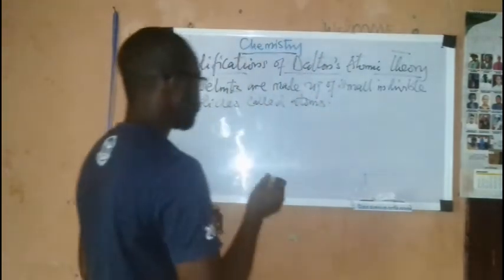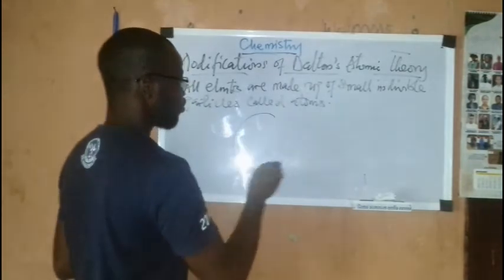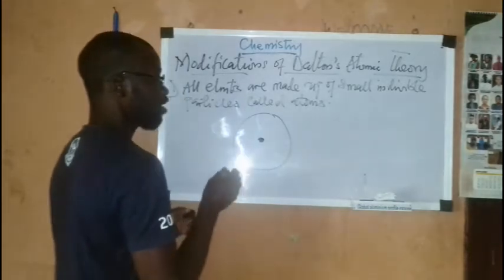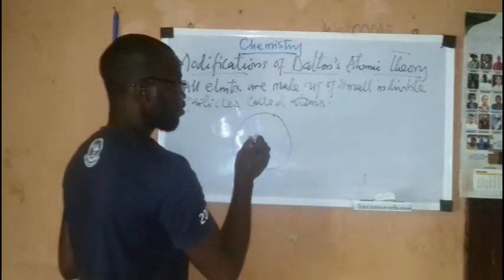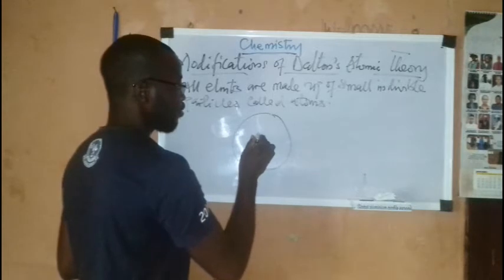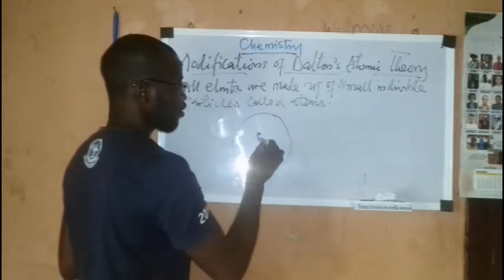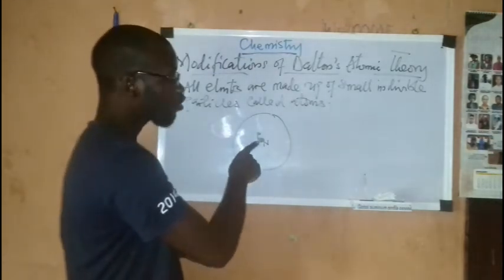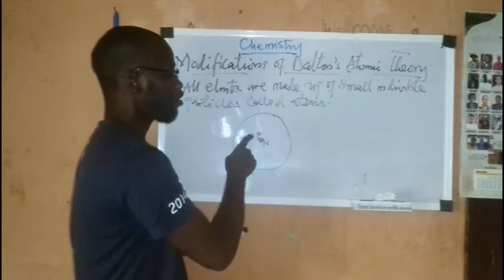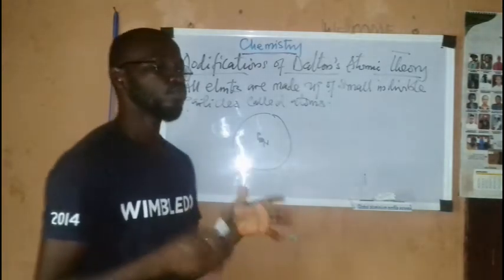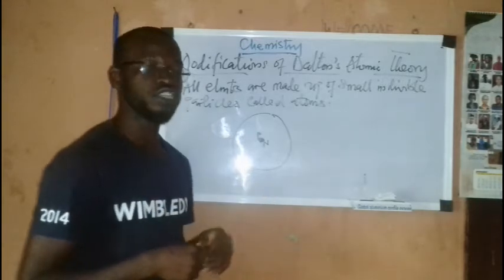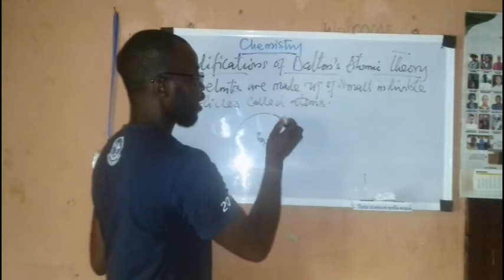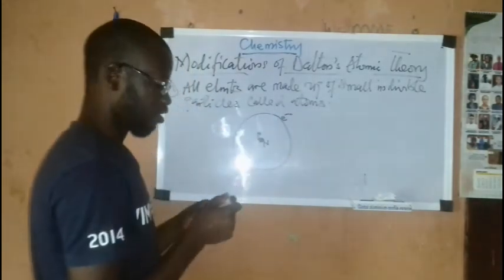This is the nucleus of the atom. In the nucleus are composed the proton and the neutron, which combine to form the mass of the nucleus. And in the outermost shell here are electrons revolving around the nucleus.